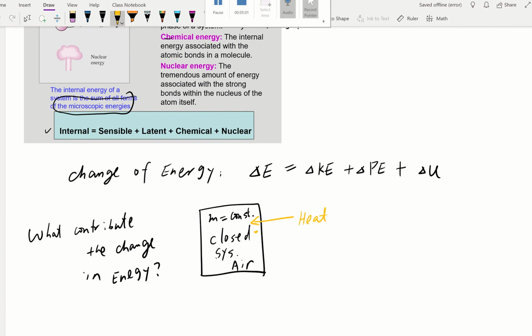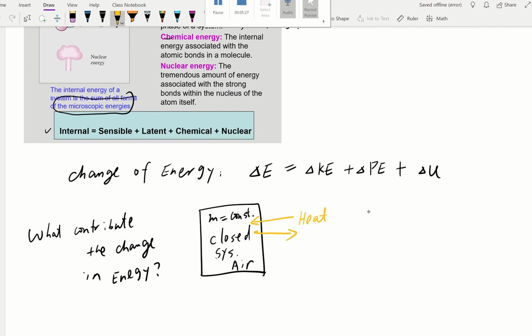And how about if I put this container in frigid winter weather outside, and it's going to transfer heat from inside the container to the outside, right? So that's heat coming out. So that results in an internal energy decrease. So I could potentially have heat coming in or heat coming out. That contributes to energy change.